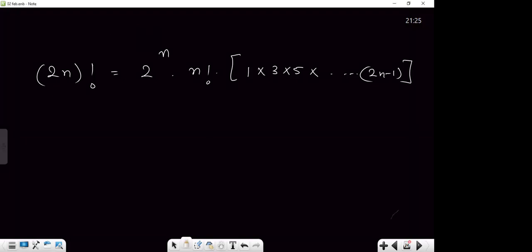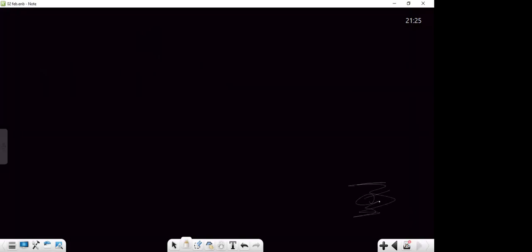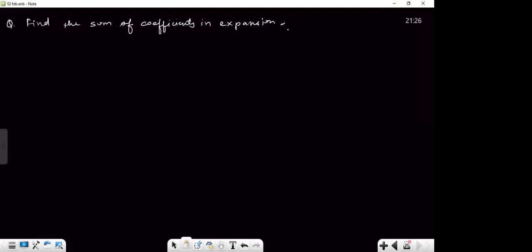Let's now take an example. Find the sum of coefficients in the expansion of (1 plus x minus 3x square) raised to power 2163.